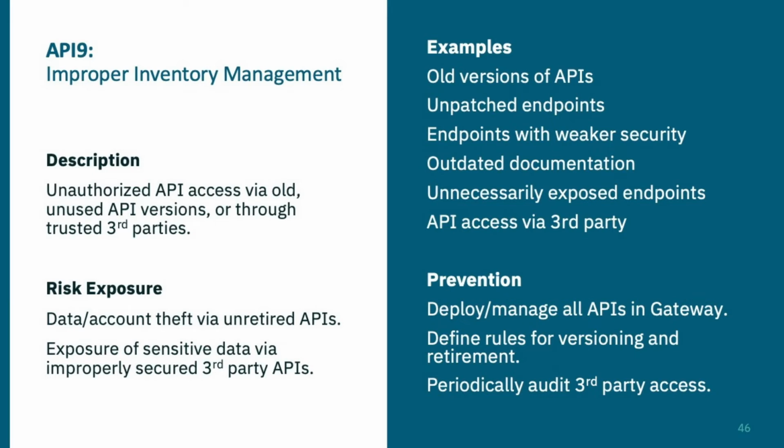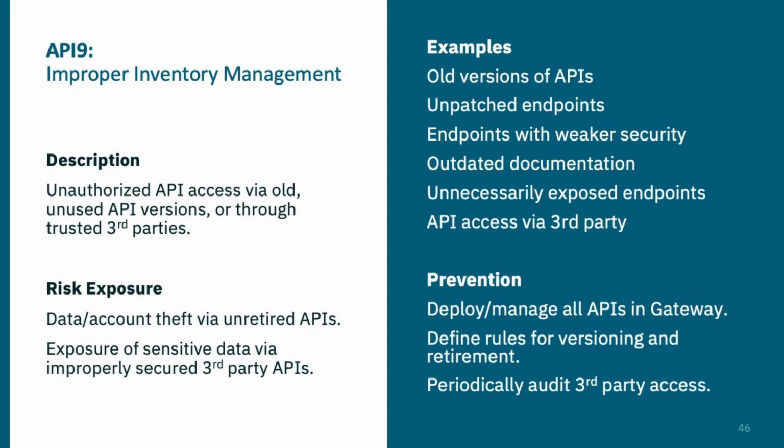So you want to, number one, deploy and manage all your APIs in a controlled fashion, typically through a gateway. Something where you ensure that everything that's going live has gone through a proper set of approvals and tests and validations before they go live. You want to define your rules for versioning and retirement, right?